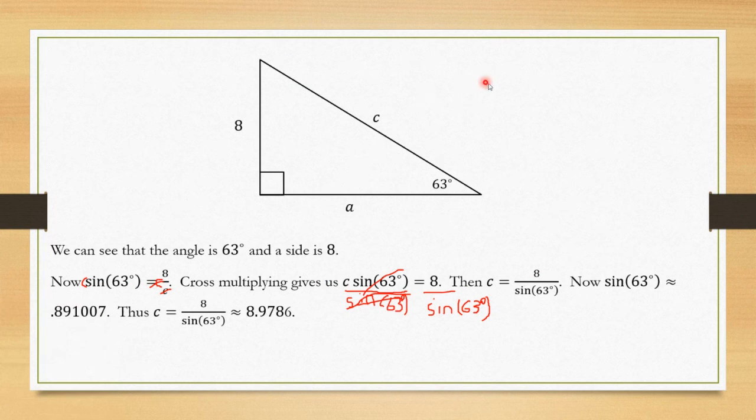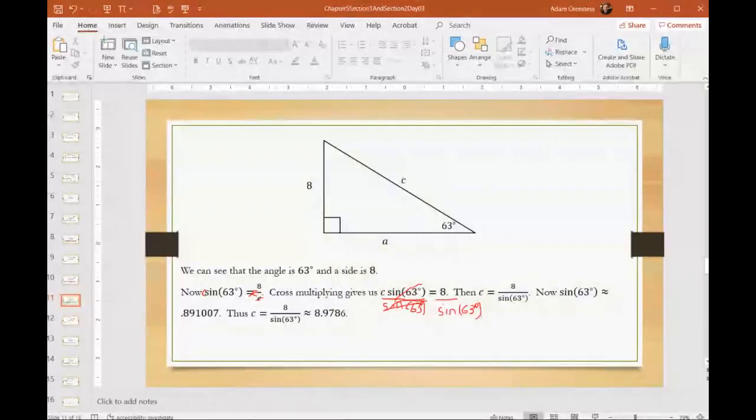That's what we get here. And again, to get sine of 63 degrees, that's where a calculator comes into play. So that's what I did over here. And so we get C is 8 divided by this, which 8 over sine of 63 degrees turns out to be about this. In case you can't see it, this is a 6. It came out a little bit funny, but hopefully you can still see it. All right, that's good. Okay, let me just pause the recording.